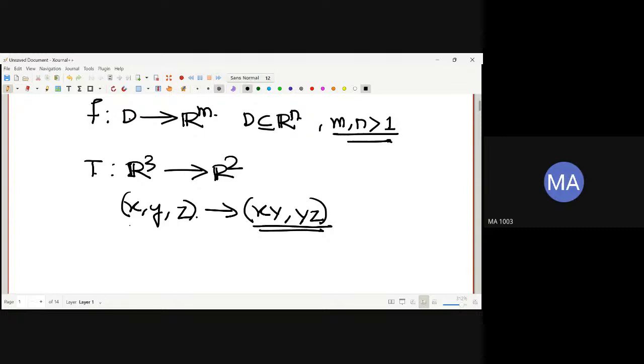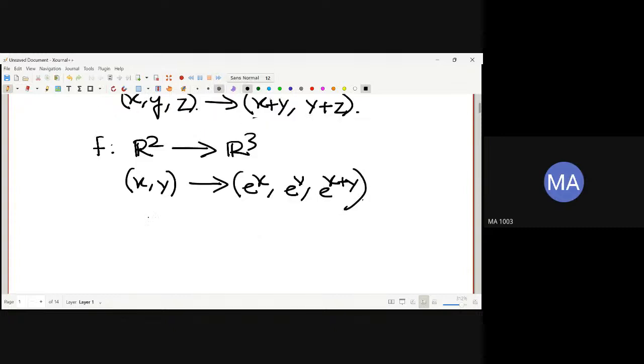Take this one, let's say x comma y goes to e power x, e power y, e power x plus 1. So this is a map from R2 to R3, and here both m and n are greater than 1. Okay, so this is an example of a vector valued multivariable function.